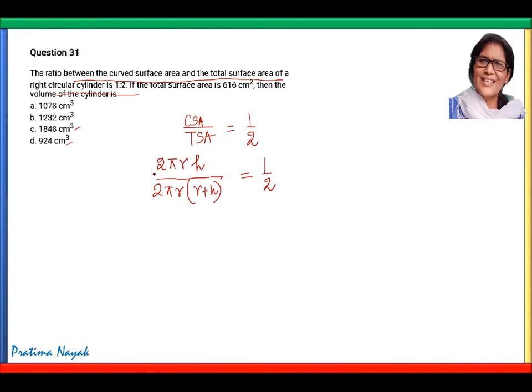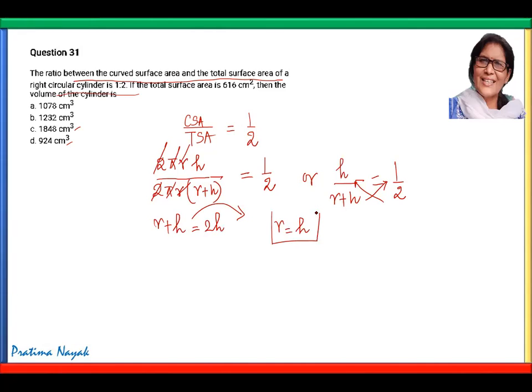So let us cancel. 2 cancel, pi cancel, r cancel. We are getting h by r plus h is equal to 1 by 2. Now I'll cross multiply. So I'll get r plus h is equal to 2h. Shifting h to the right side, r is equal to h. So what relation do we get? Radius is the same as height.